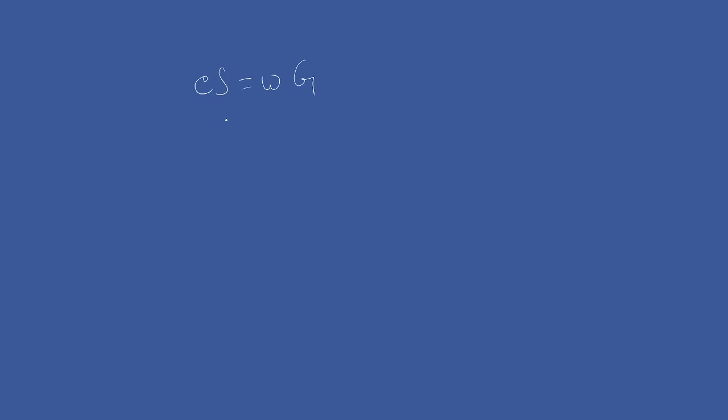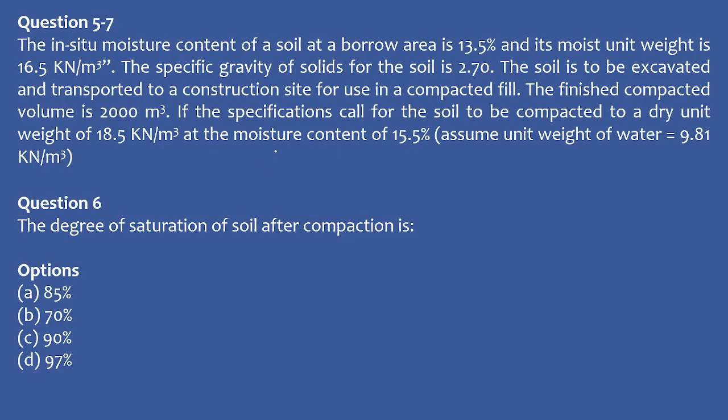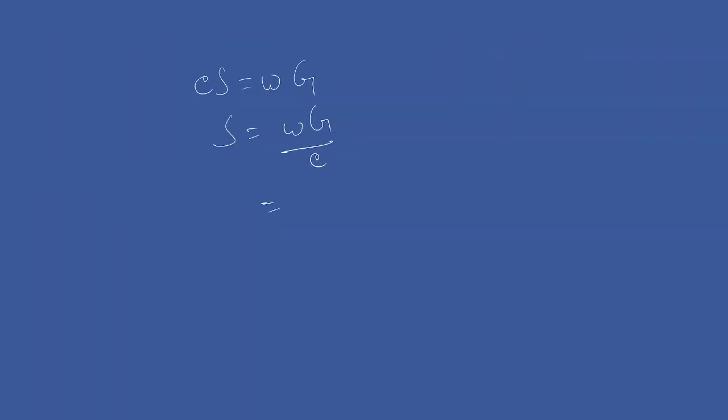So you had everything: wG by e will be the part, and water content was given as 15.5 and G was 2.7. e was 0.43. So I guess the answer will be near around 97%.